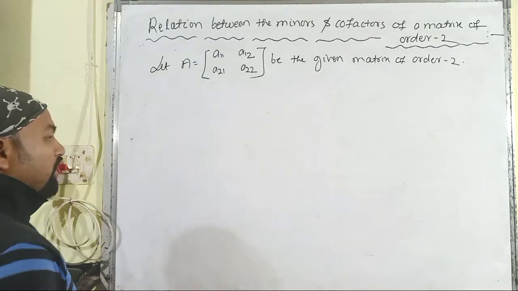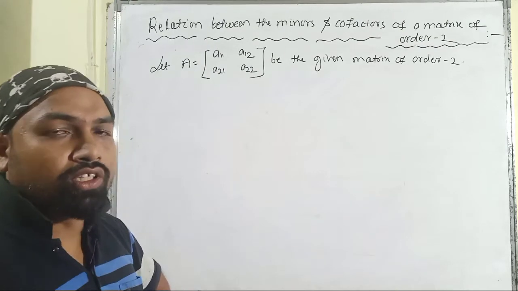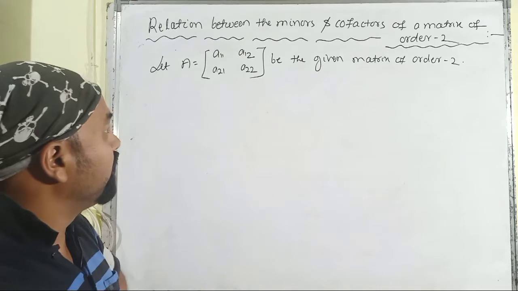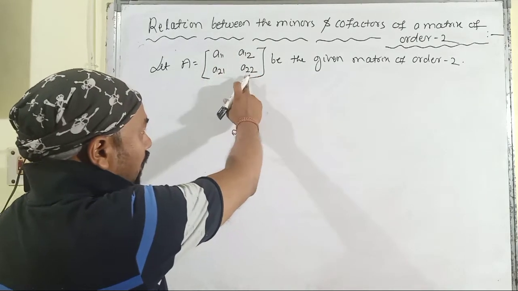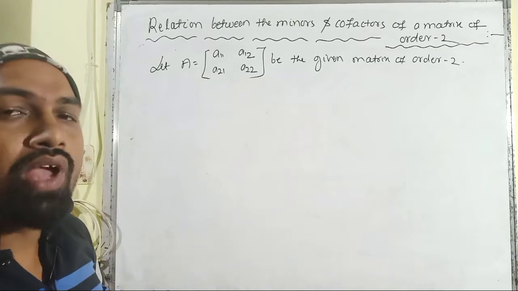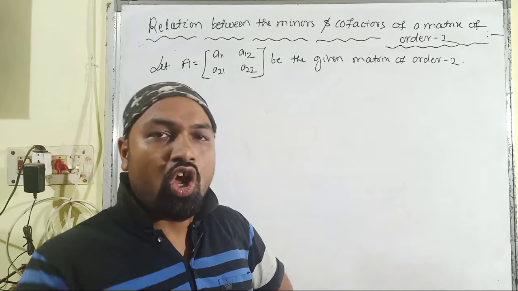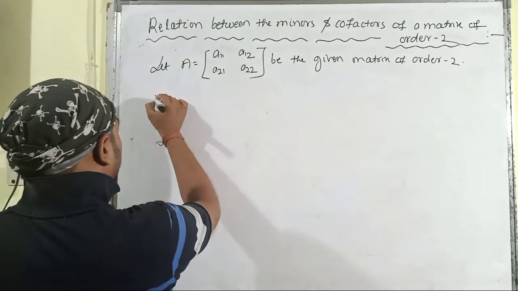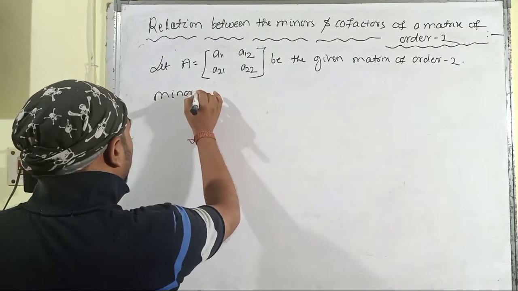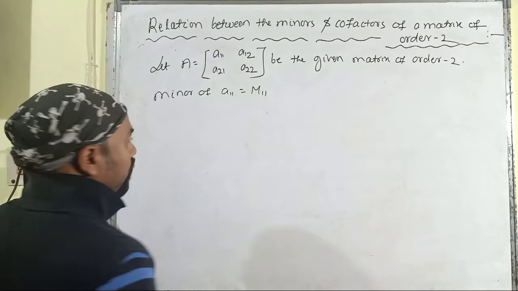So here, first of all, we have to find out the minors and then the cofactors of each of the 4 elements, A11, A12, A21 and A22. And then we have to establish a relation between the minors and cofactors of each and every element present in the given matrix. So first of all, let us find out the minor of A11, that is M11.